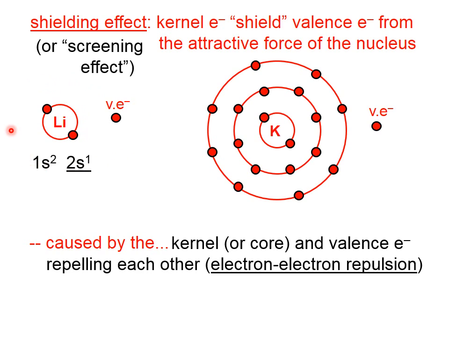So if we look at these simplified models of the atom, we have here on the left a lithium atom, and the nucleus is presumably somewhere here in the center. The first energy level has 2 electrons, and the second energy level has just the 1.